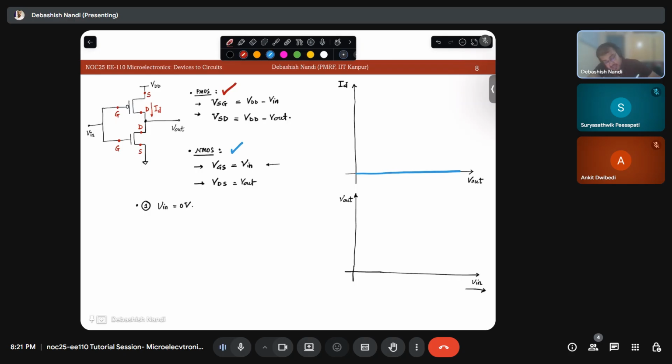And what is my PMOS characteristics? Let's mark this point as VDD. If V in is 0, what is VSG of PMOS? It is VDD, right? So I will have a characteristic something like this. VSGP is equal to VDD. Is that okay?